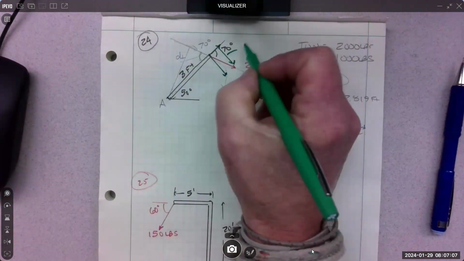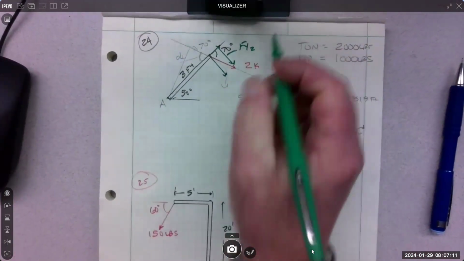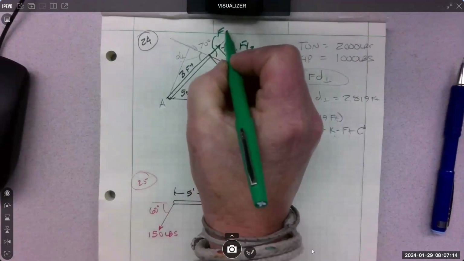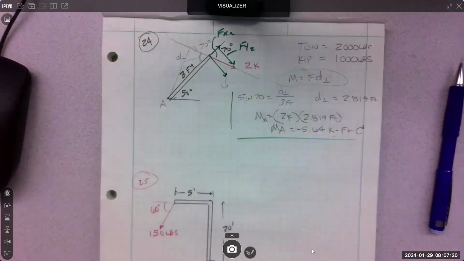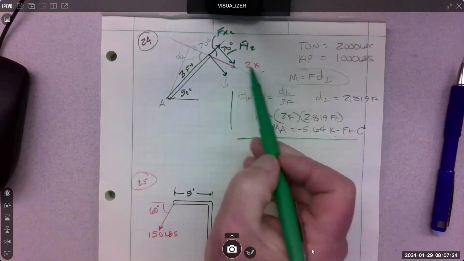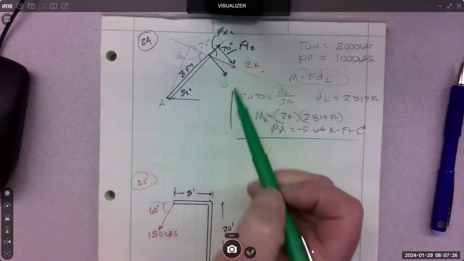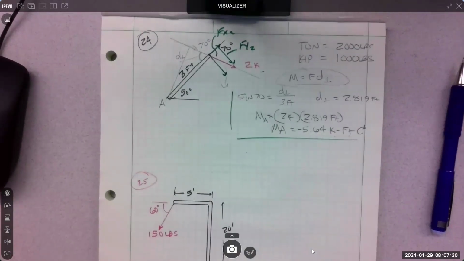So this is Fy of the two. This would be Fx of the two. So the component method says, put the components in, take the force out. So we're going to take the 2K out. We're going to put these two components in, and then we can calculate the moment of each of those.